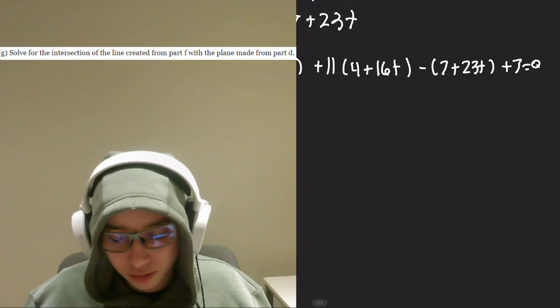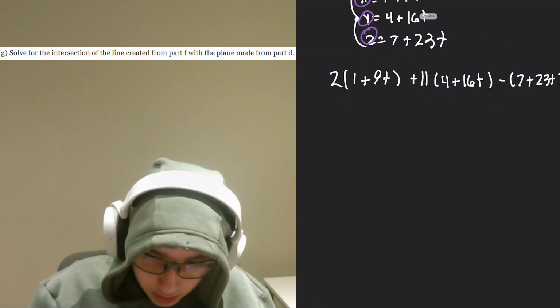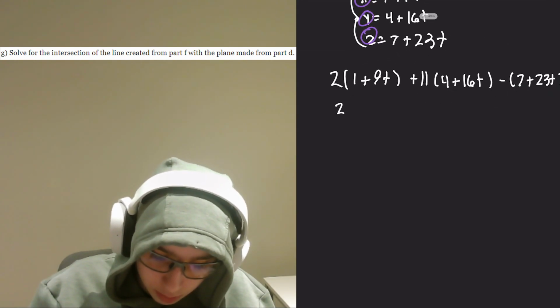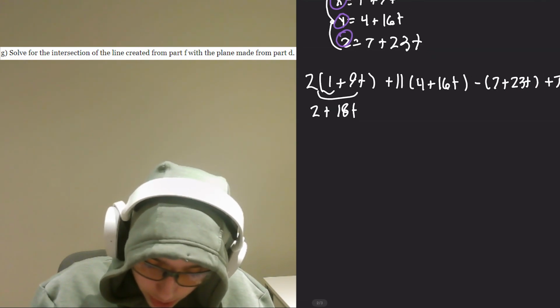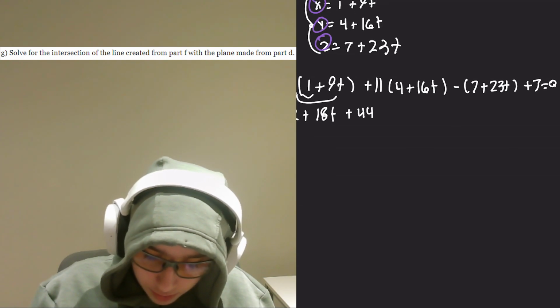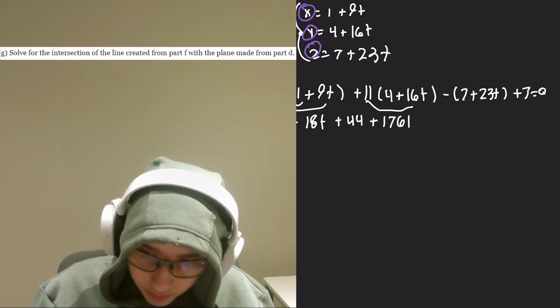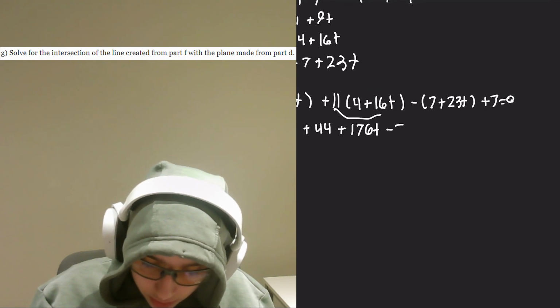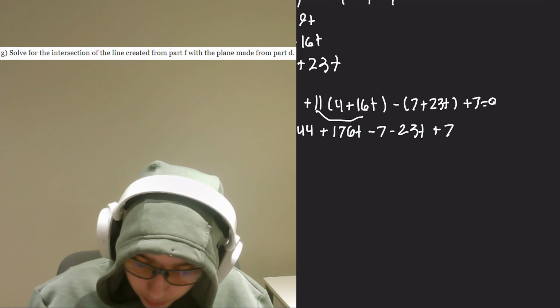Alright, now we're going to have to go through the tedious process of expanding this, but I'll just make it fast for you guys. So after expanding this, we get 2 plus 18t by distributing the 2, and plus 44, and 11 times 16 is 176, so plus 176t. Then we've got minus 7 minus 23t plus 7 is equal to 0.